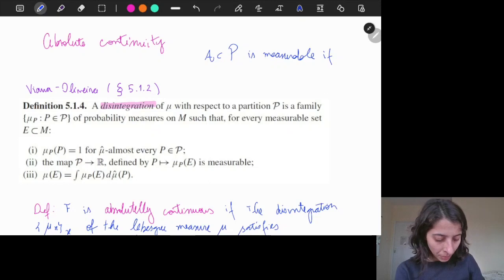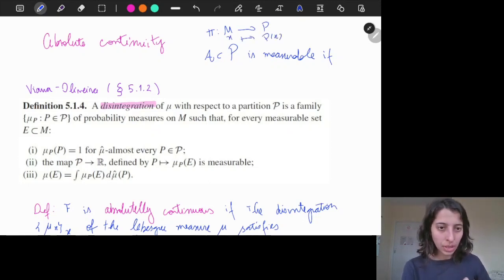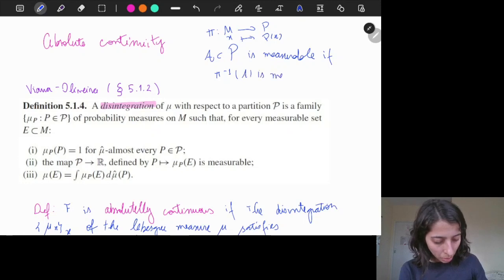If you take the function pi that takes each element of the space to the element of the partition that contains it, a set will be measurable if pi^-1 of A is measurable.